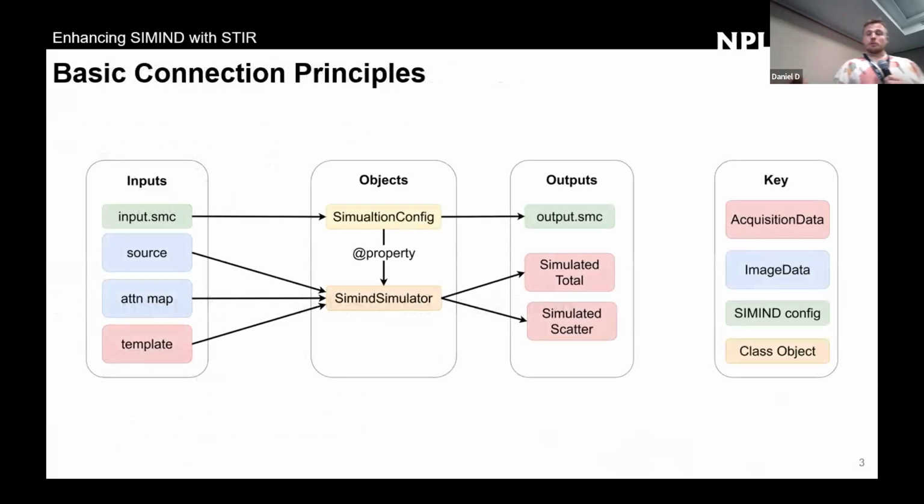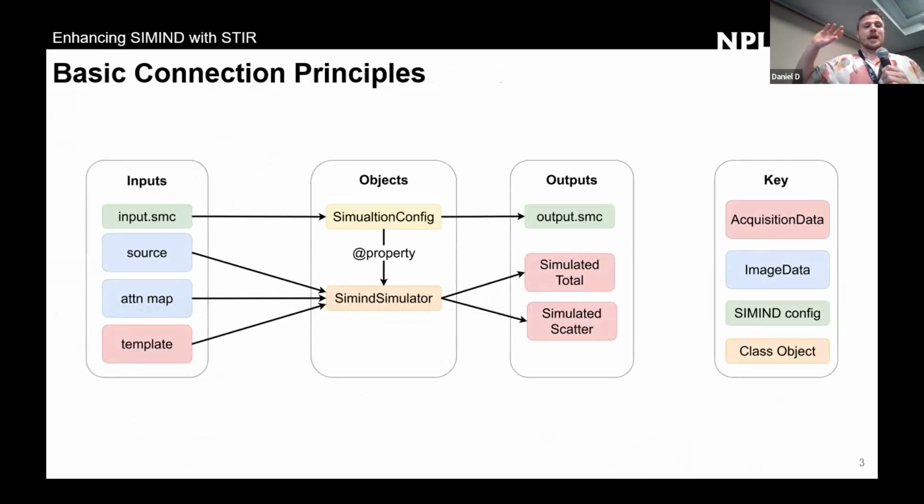So I've been trying to make the connection as simple as possible. At the moment, you just input a file path to a SIMIND config file, so a .smc file, a source image data object from SIRF, an attenuation map image data object from SIRF, and a template acquisition data object. And you instantiate a SIMIND simulator object.